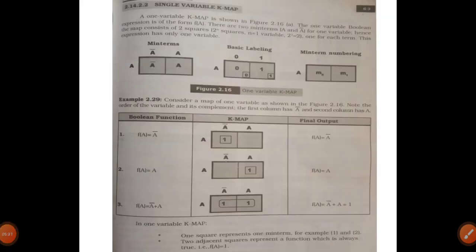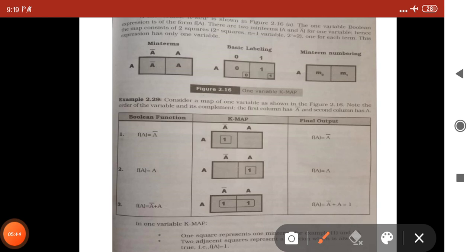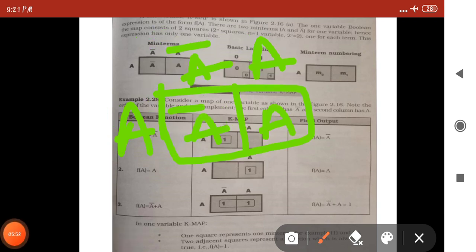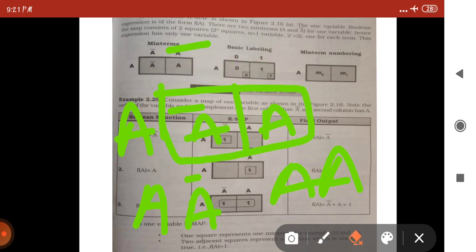Now, the single variable K-map. For a single variable A, there are two expressions: A into A bar, and A into A. At the basic level, if A is 1, then A bar is 0.